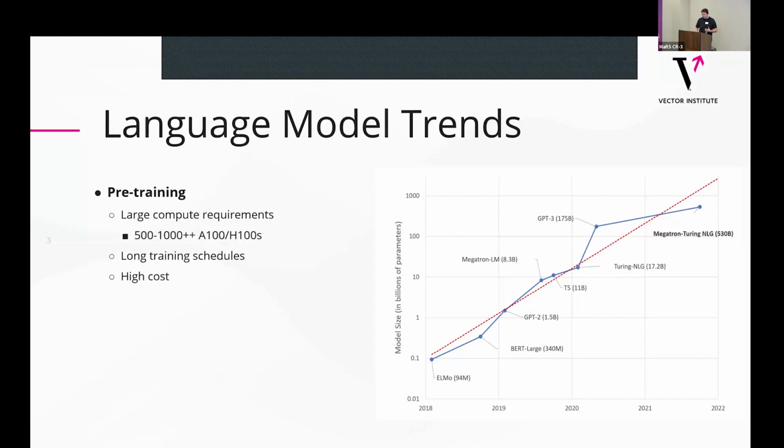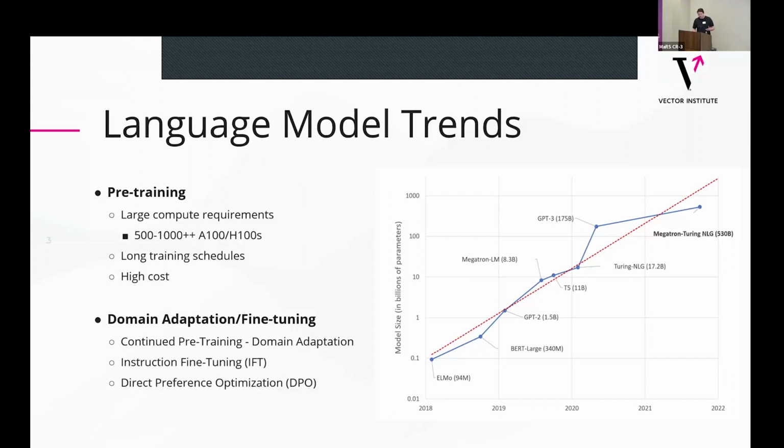But there's a whole host of other workflows, from continued pre-training for things like domain adaptation, instruction fine-tuning, DPO, RLHF, a wide variety of other workloads of interest that are far more compute and cost efficient. And so that's really what we've been looking at for the last little while.